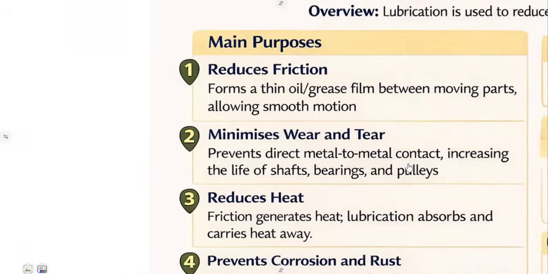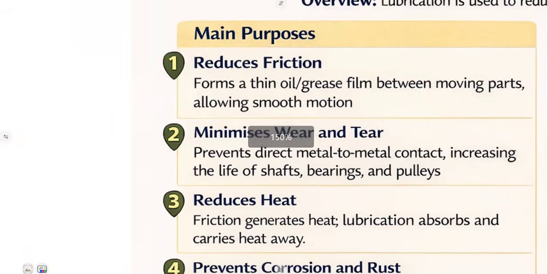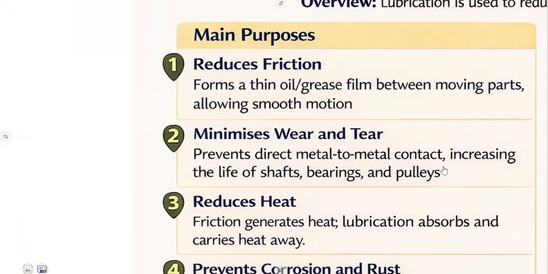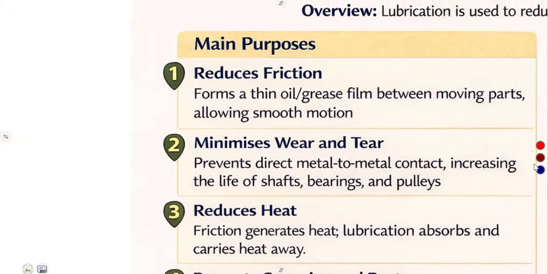The main purpose of lubrication in line shaft systems: number one, lubrication reduces friction. It forms a thin oil or grease film between moving parts, allowing smooth motion.